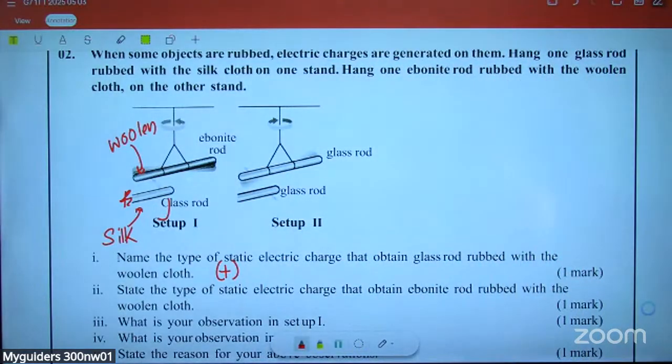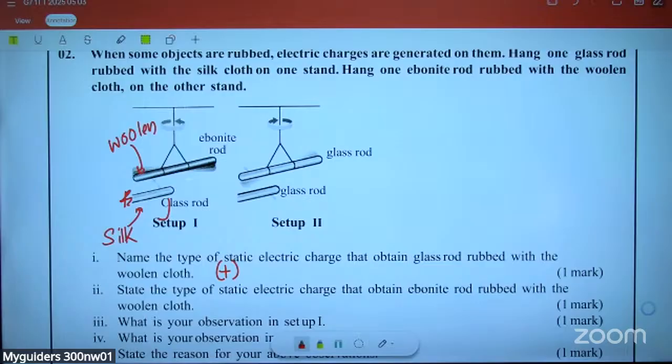Next one, look at the second question. State the type of static electric charge obtained when the ebonite rod is rubbed with the woolen cloth.